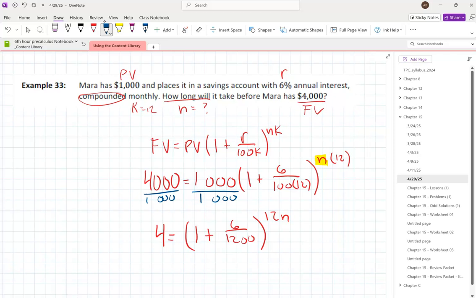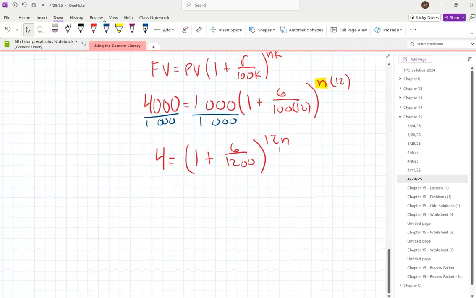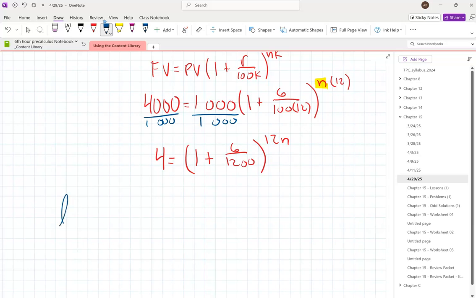The base for my logarithm, I remember I want to use the logarithm base that matches the base of my exponential. So the log base I'm going to use is 1 plus 6 over 1,200. So I'm going to do that to both sides.